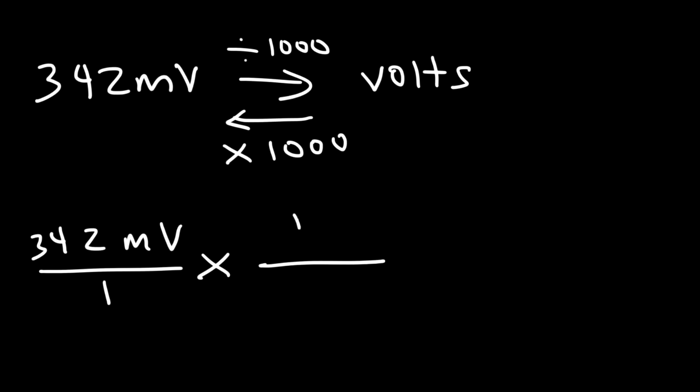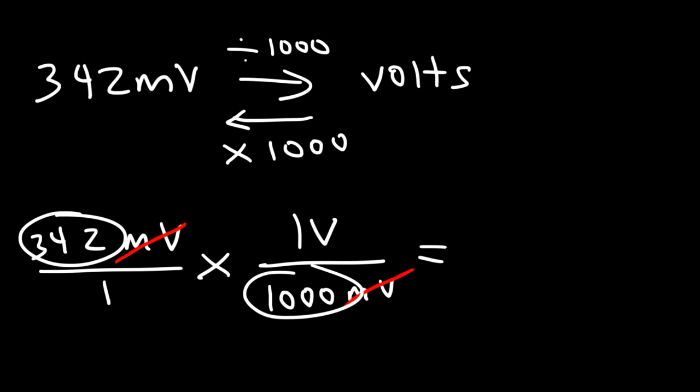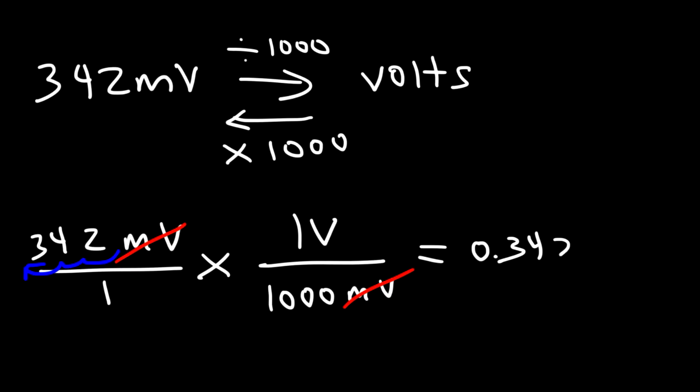We said that 1 volt is equal to 1,000 millivolts. So you need to set up this second fraction in such a way that the unit millivolts will cancel. And so it's going to be 342 divided by 1,000, which you can get by moving the decimal point 3 units to the left. And so this is going to be 0.342 volts. So that's how you can convert millivolts into volts.